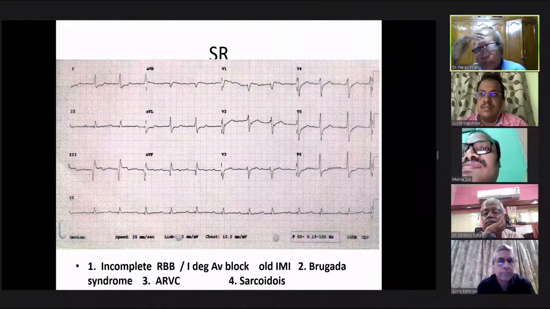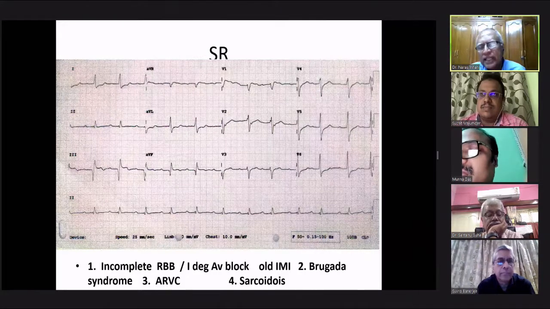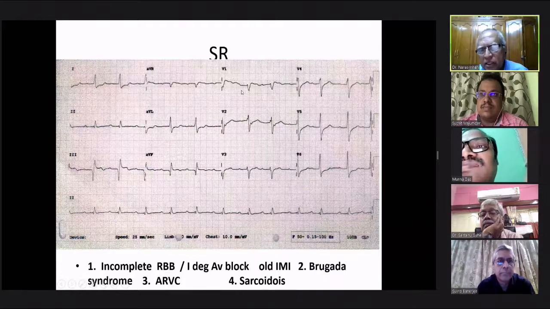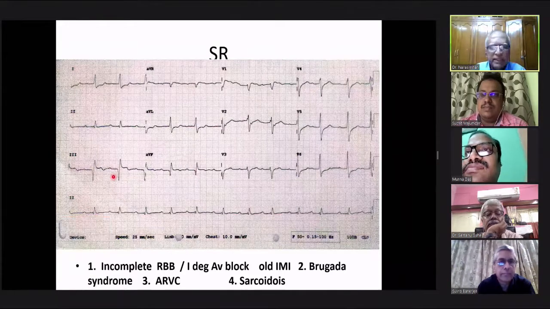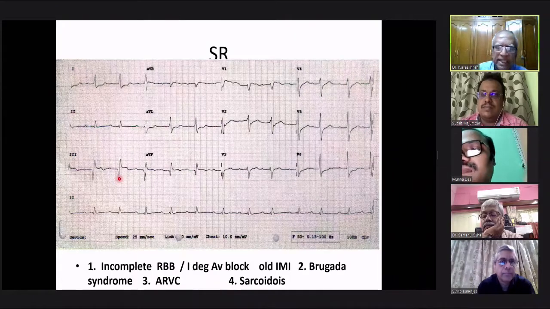Yes. Now, the reason I put it is because there are other things I didn't want to discuss here. This patient has got evidence of poor R wave progression V1 to V3. And there is evidence of, let me just bring up this laser pointer. Now, whenever you see, we'll go back to our old ECG textbooks.